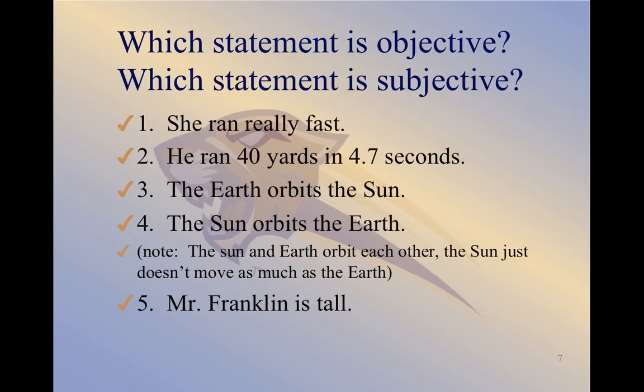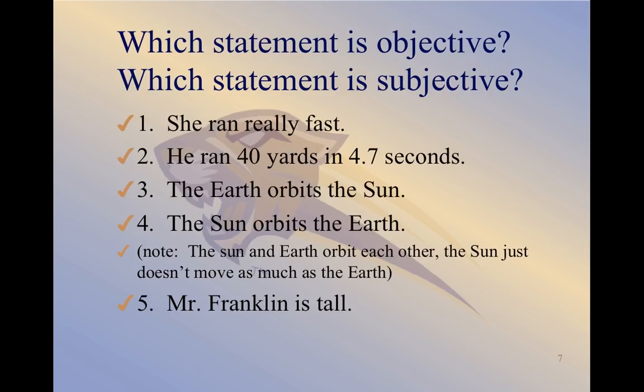Number four, the Sun orbits the Earth. Even though from antiquity there were big arguments and some people proved that the Sun is not the center of the universe, the statement, the Sun orbits the Earth, is an objective statement.